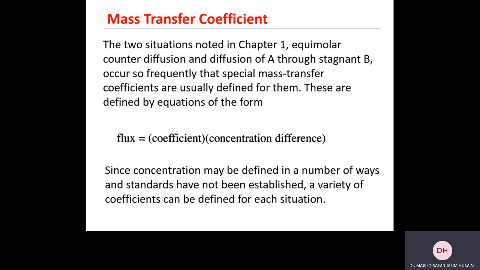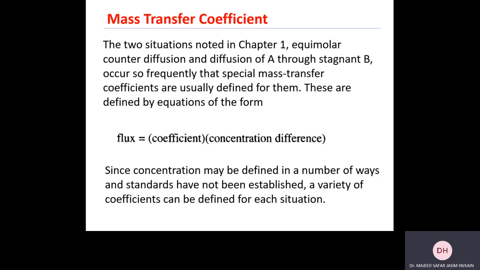There were two situations in chapter 1, equimolar counter diffusion and diffusion of A through stagnant B. These were defined by an equation in the form that flux is proportional to the concentration difference. We remove the proportionality and put an equal sign, so we have a kind of coefficient that was the constant.